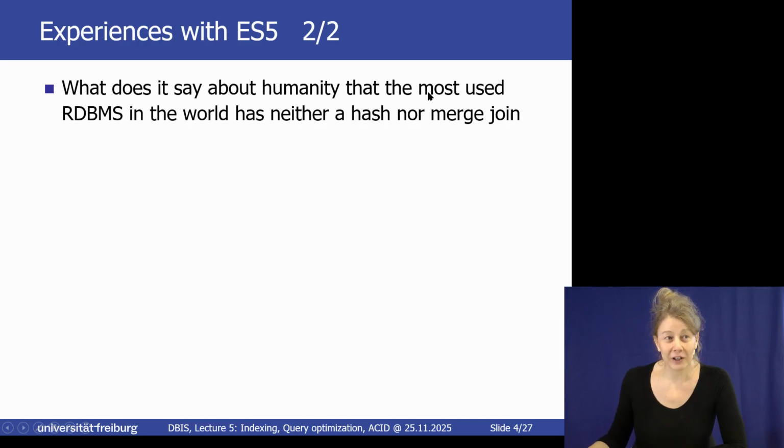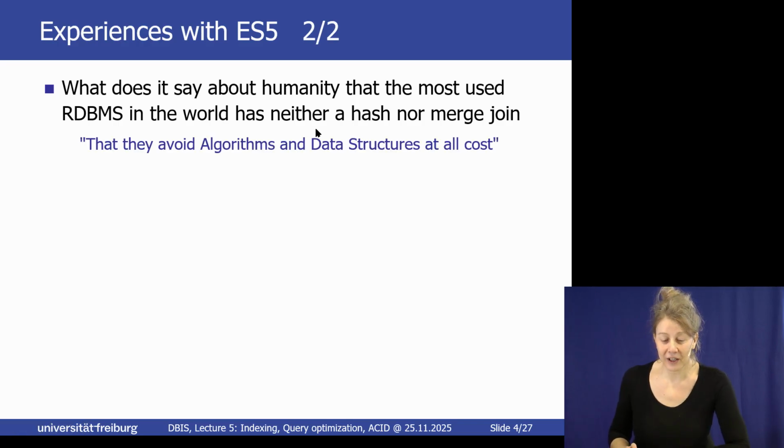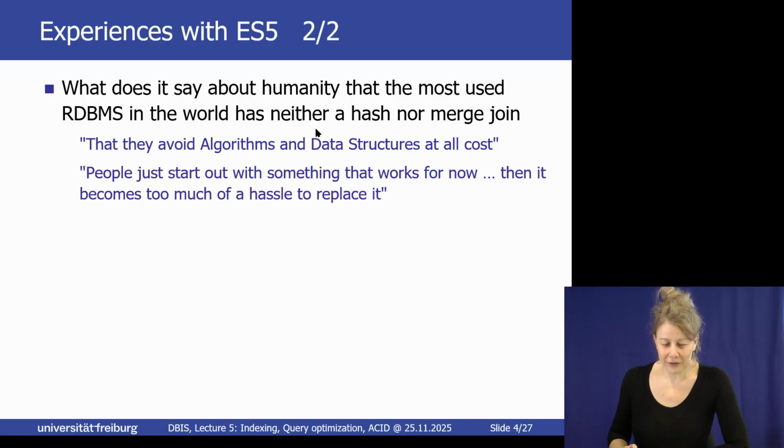What does it say about humanity? A deep philosophical question: the most used relational database management system in the world has neither a hash nor a merge join, which is really true and quite amazing. That they avoid algorithms and data structures at all costs. It's a very good comment. I think it's true. I already told you the inventor and maintainer, I don't think they heard a course like this one.